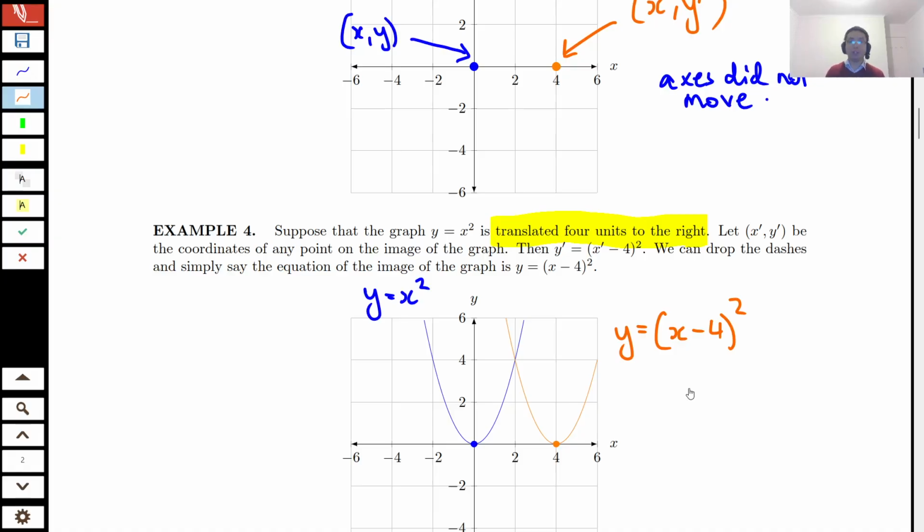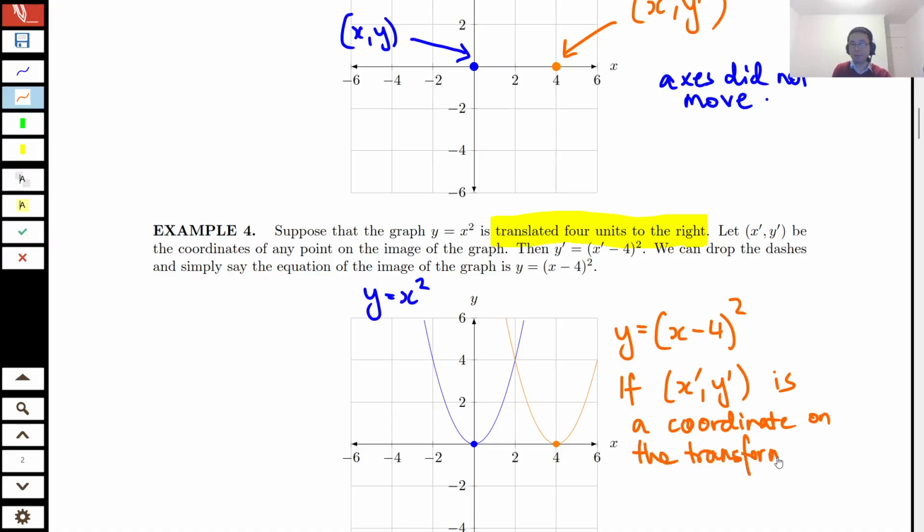Now, when we do our calculations, if x dash, y dash is a coordinate on the transformed graph, then we wouldn't write y equals (x minus 4) squared for these two symbols.